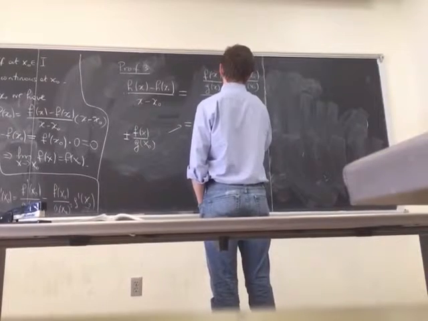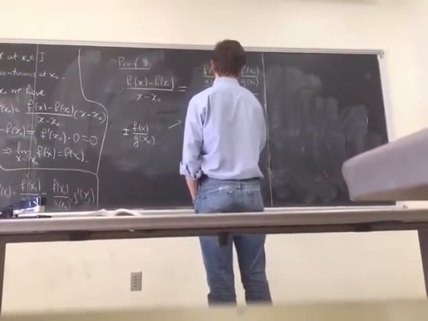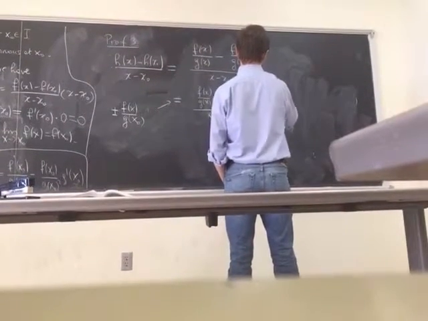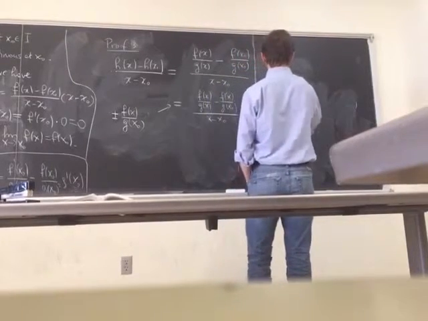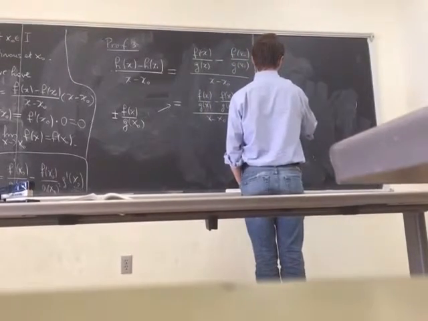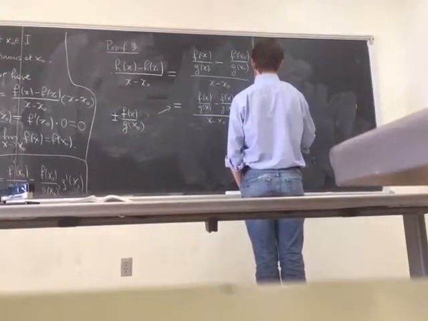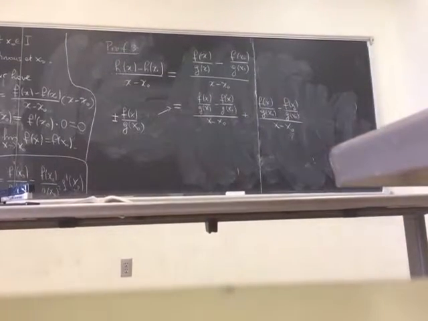Okay? So if I do that, what I have is f of x over g of x minus f of x over g of x naught, everything divided by x minus x naught, plus f of x over g of x naught minus f of x naught over g of x naught, divided by x minus x naught.